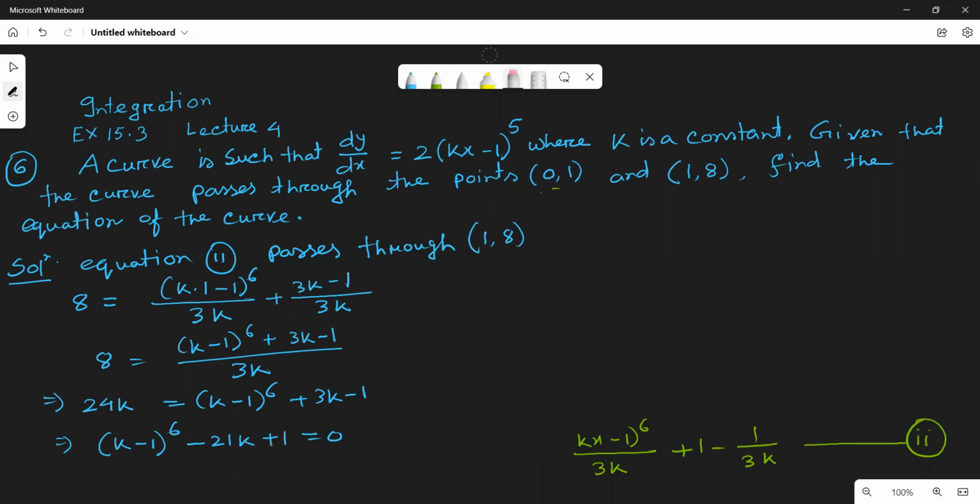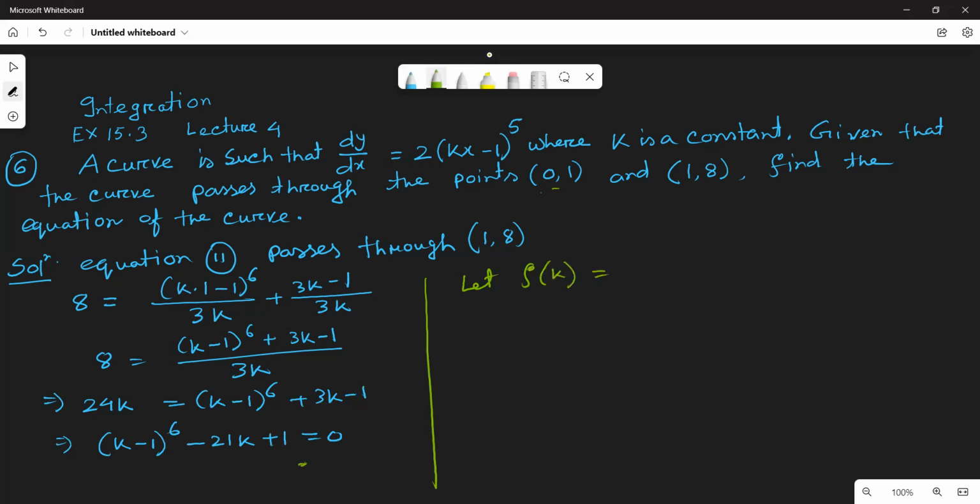Okay. Now let f(k), think this is the function of k. f(k) equals to (k minus 1) to the power 6 minus 21k plus 1 equals to 0.